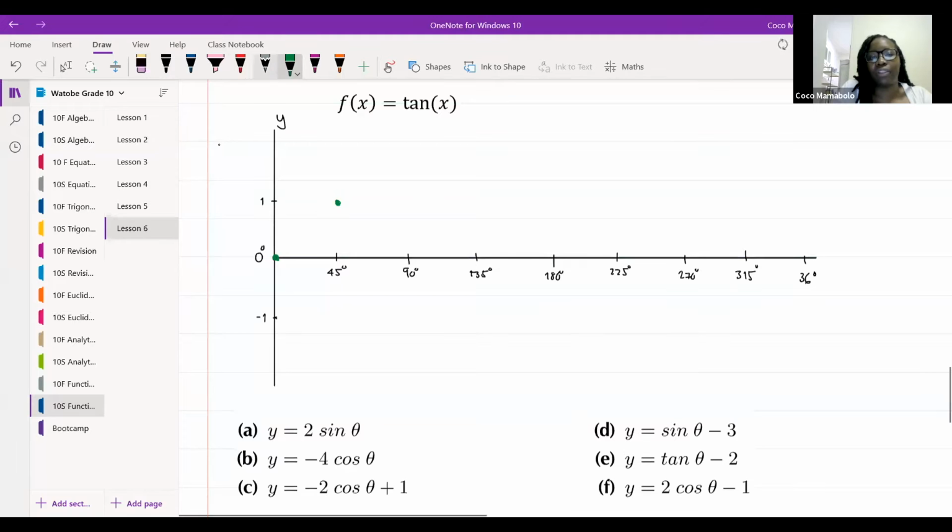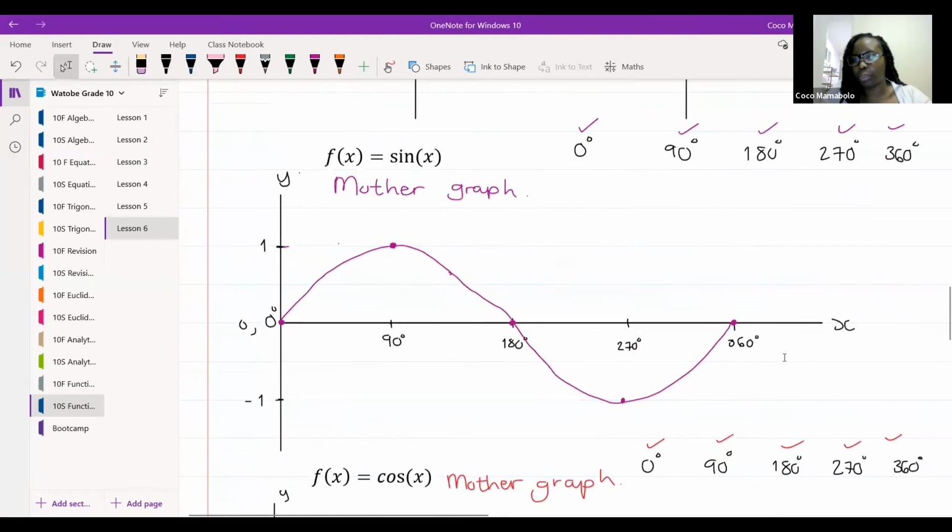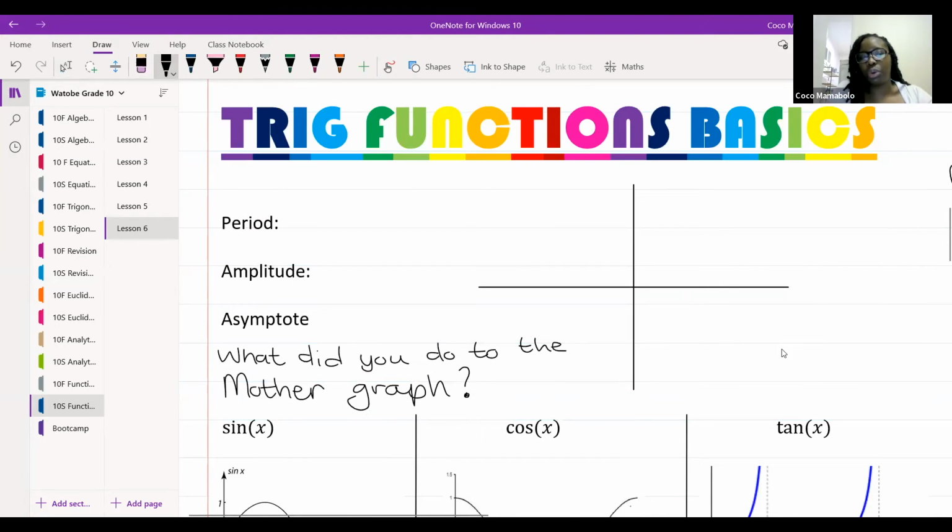What about tan of 90? It says math error and it says undefined. And the reason why it's undefined, guys, let's think about this. Do you remember when we used to draw these things on a Cartesian plane like this?